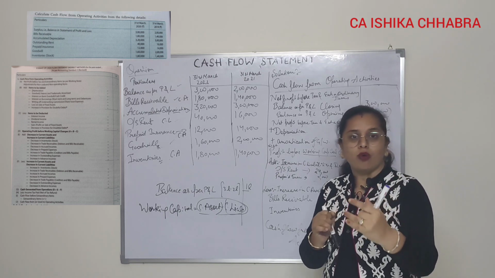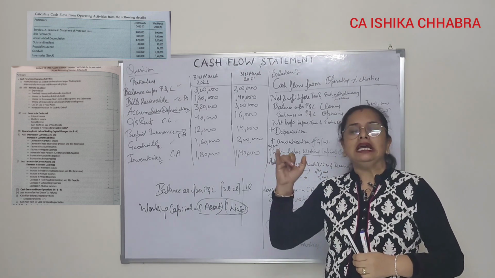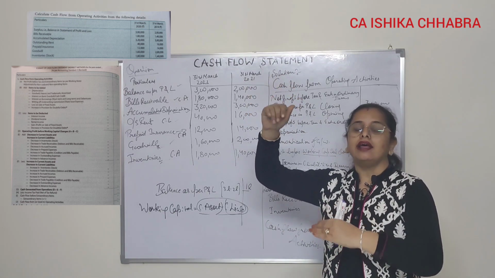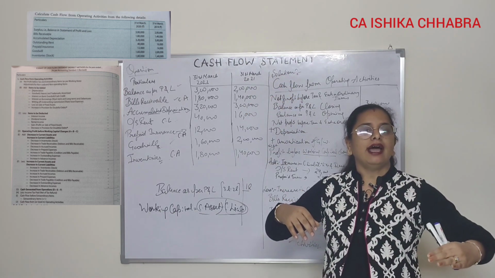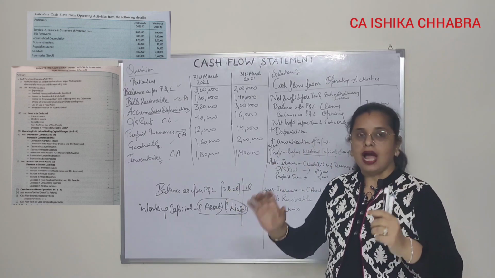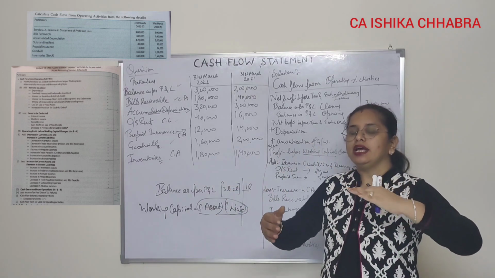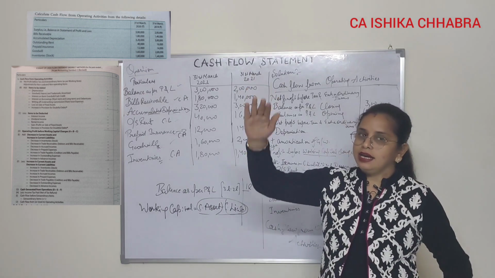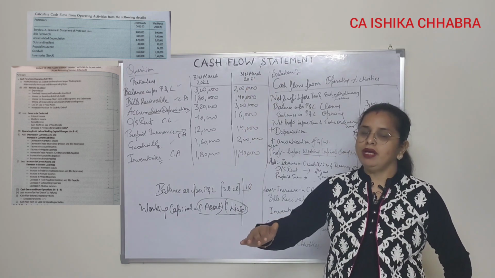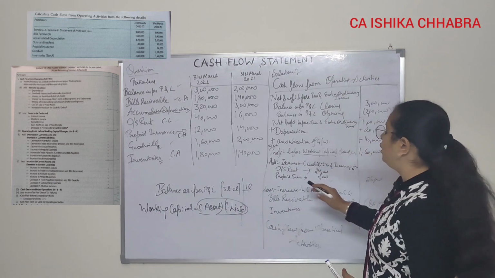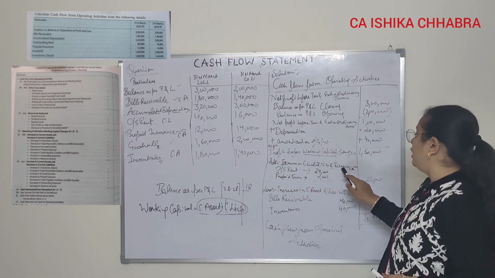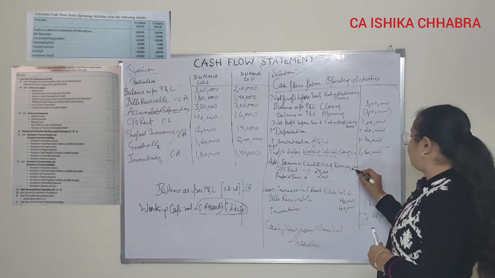And what is our formula? Our formula is that increase in current liabilities and decrease in current assets should be added, and vice versa. In case of increase in current assets and decrease in current liabilities, it will be subtracted. So with the same terminology, we will write it down. Add increase in current liability and decrease in current assets.